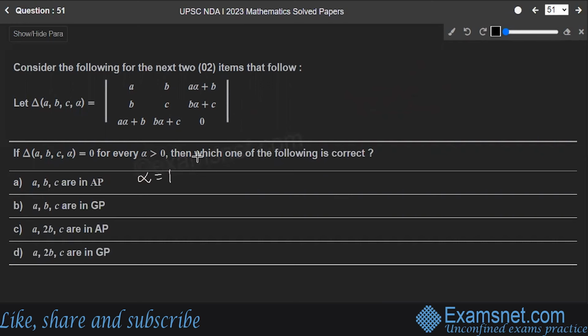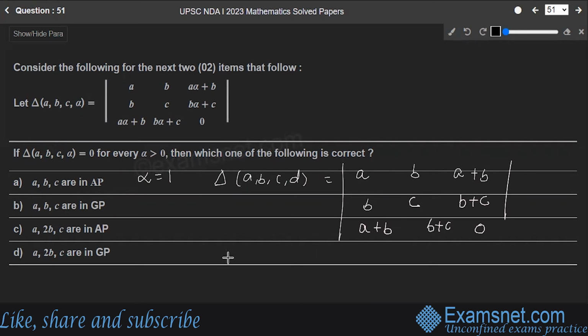So if I'm taking alpha is equal to 1, let's put it in the determinant. You will have A, B, C, D is equal to A, B, A alpha, that is 1, plus B, B, C, B plus C, and A plus B, B plus C, and 0. Now let's do some expansions.